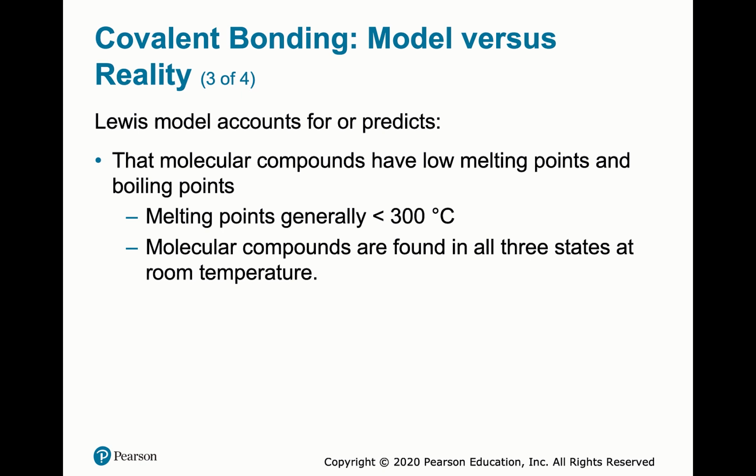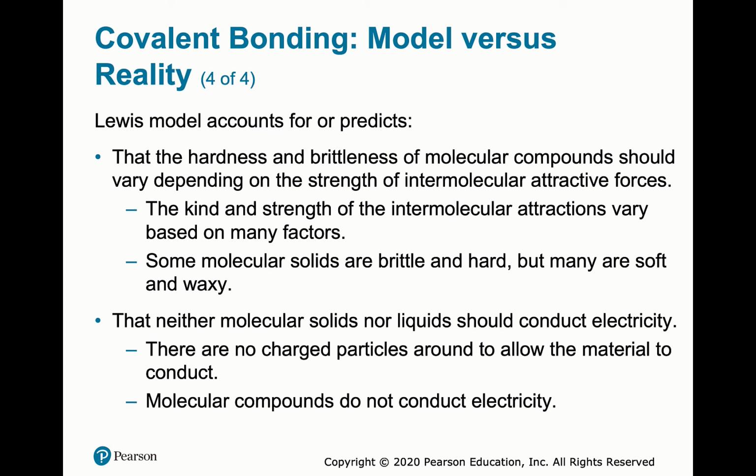So you can see this with hydrogen and carbon. We have a wide range depending on the size of the molecule. Looking at the attraction between the molecules, the intermolecular attractions, molecular solids can be brittle and hard, but they can also be soft and waxy.